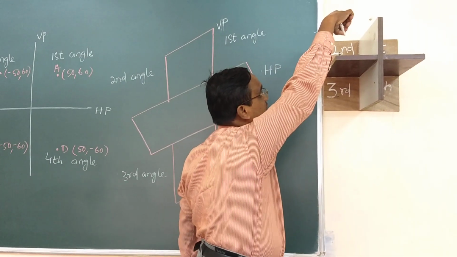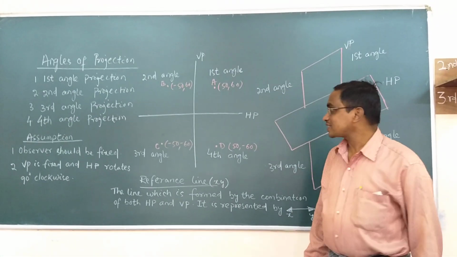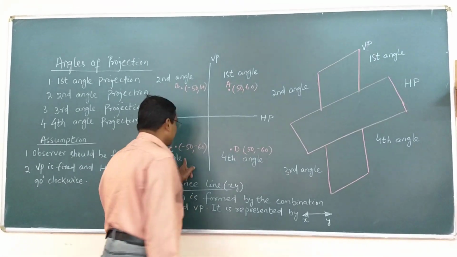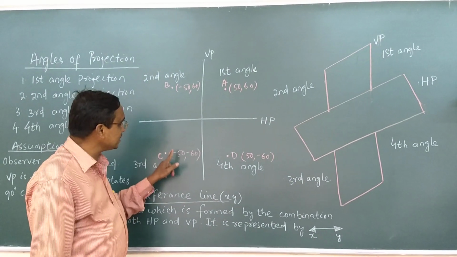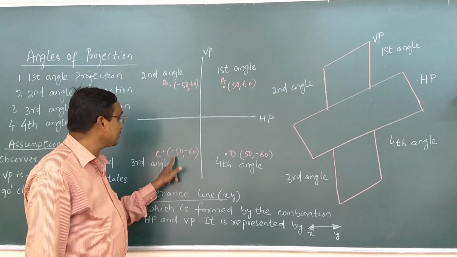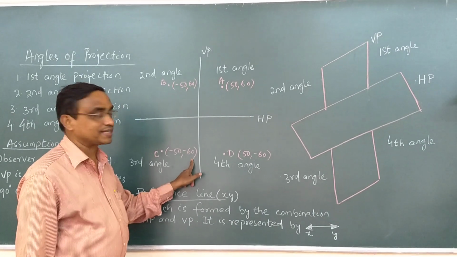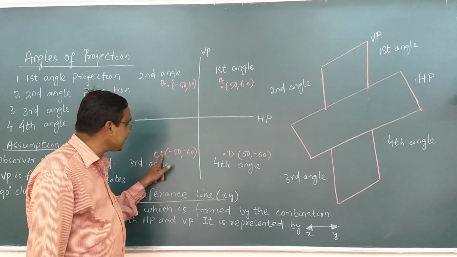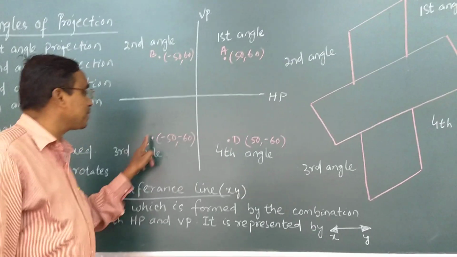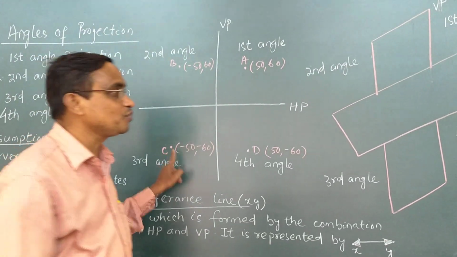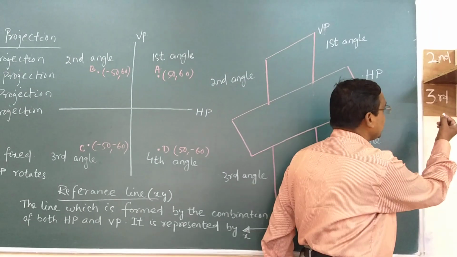This is second angle projection. Next come to third angle projection. Same coordinate, point is C, coordinate is 50, 60, but here it is minus 50 and minus 60. Means the point C is 60 mm below HP and 50 mm behind VP. Just to mark here, this is my point C.